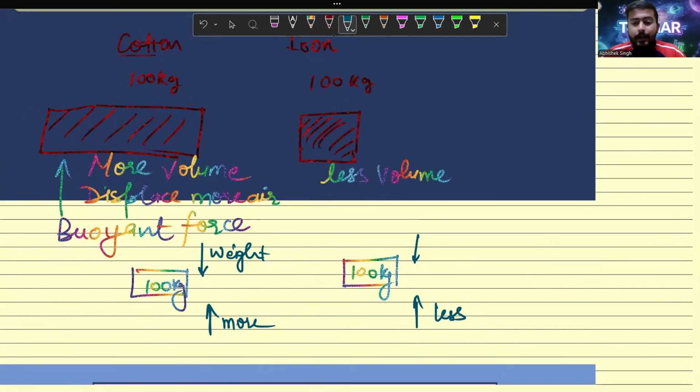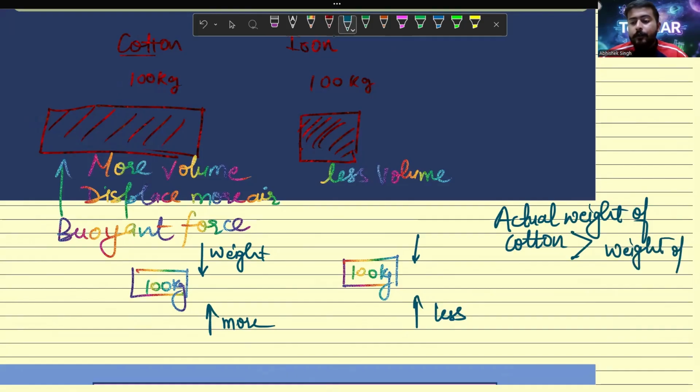That means the actual weight of cotton was more than the weight of iron. Why? Because cotton is experiencing more buoyant force.